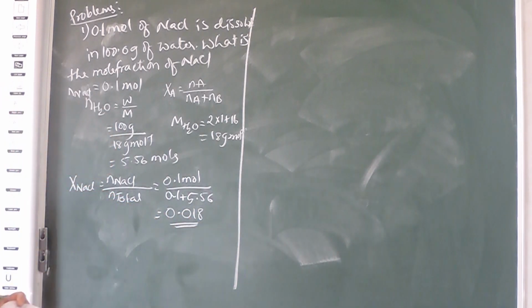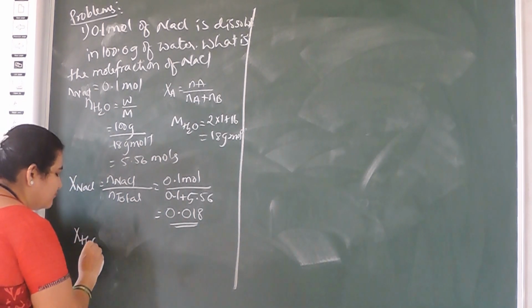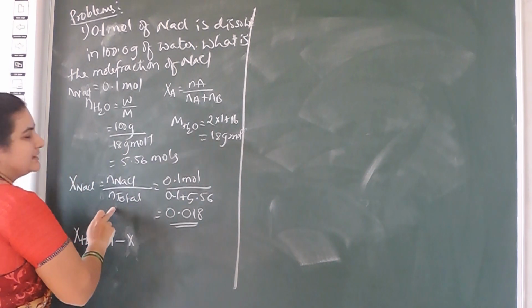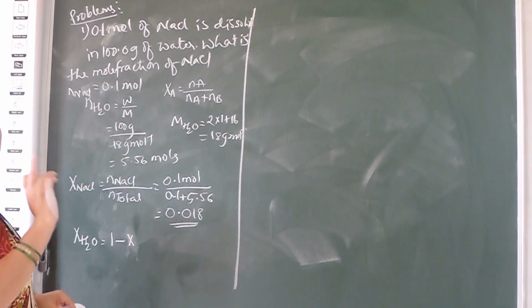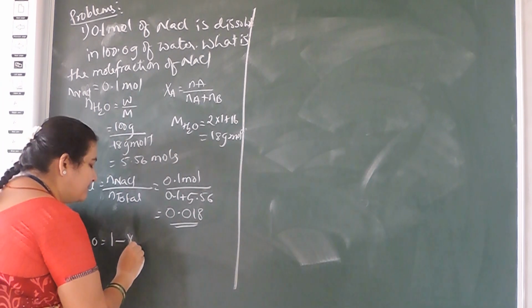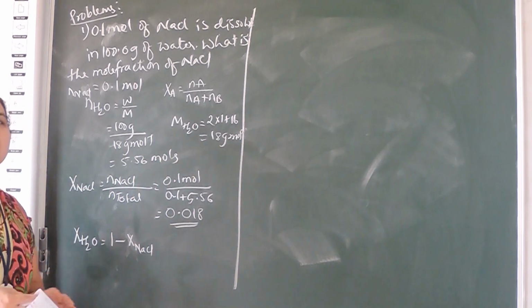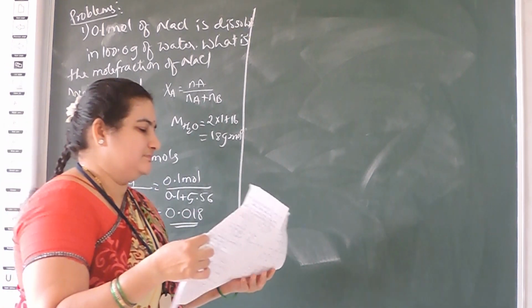If I want the mole fraction of water, what will I do? Simply, just remember another simple relation: 1 minus the mole fraction of NaCl. That will be coming as your answer.